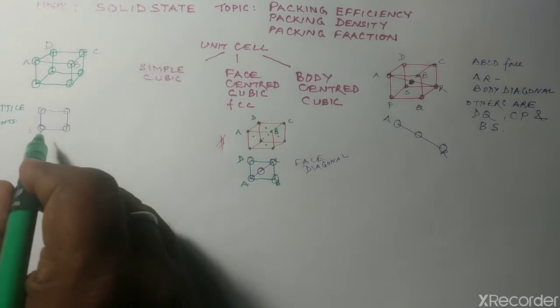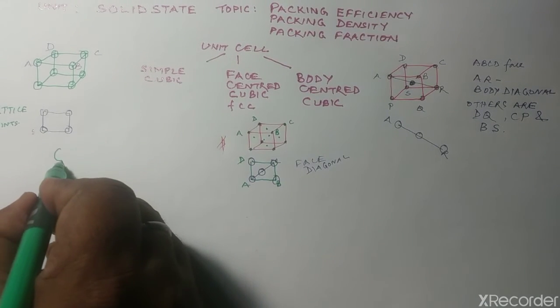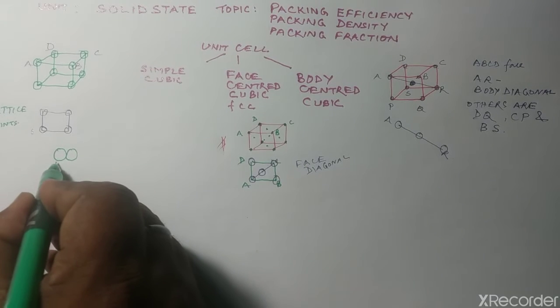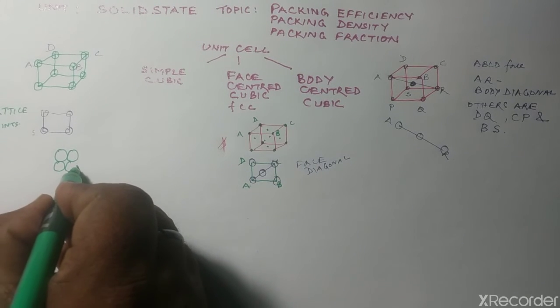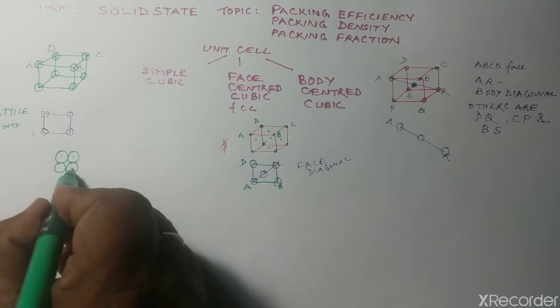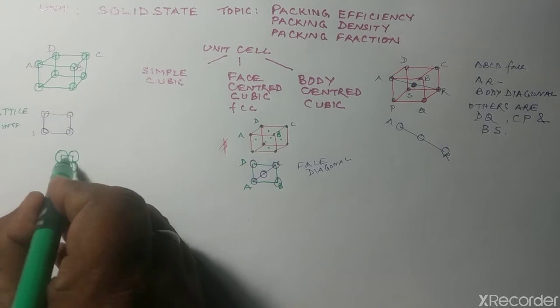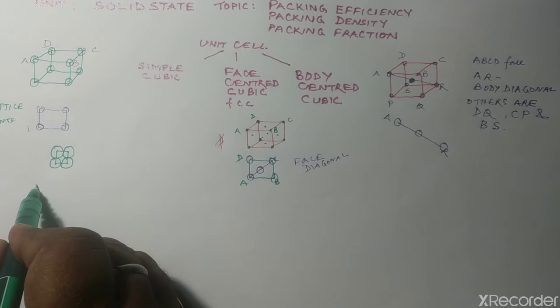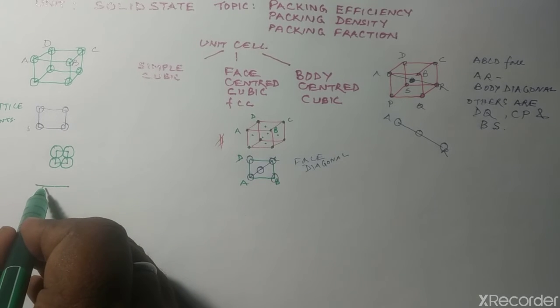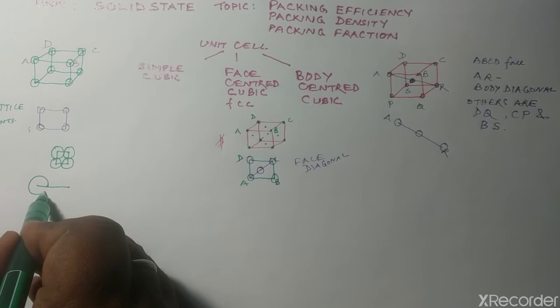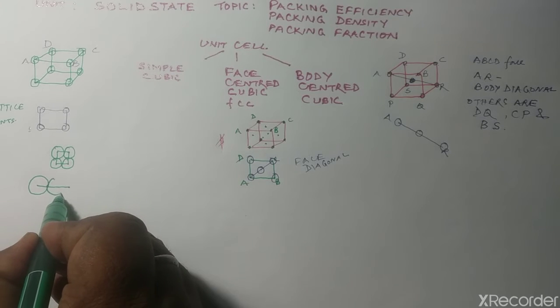So actually in the simple cubic, the 4 atoms are connecting each other. Moreover, if we take one length, the atoms are quite connected.